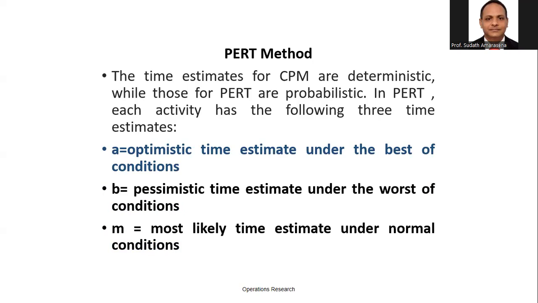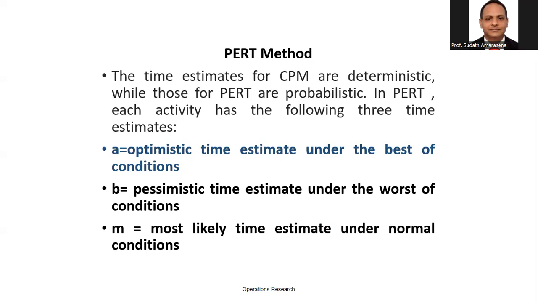Normally, we use the symbol A for the optimistic time, B for the pessimistic time, and M for the most likely time. The optimistic is a good time, right? Like a couple of weeks ago, our cricket team won the series, they had a good time period, right?